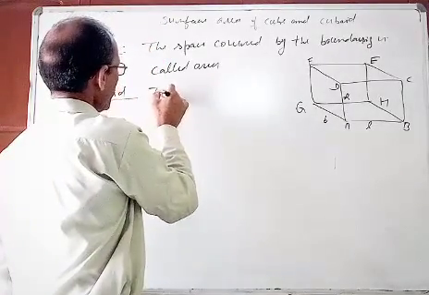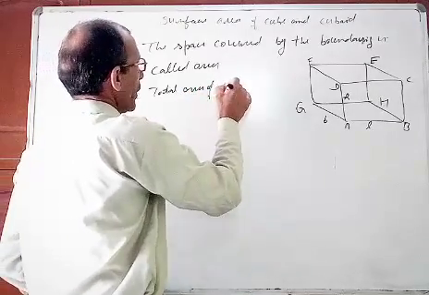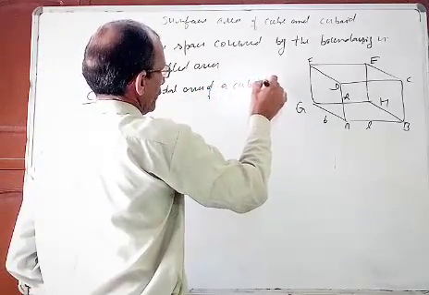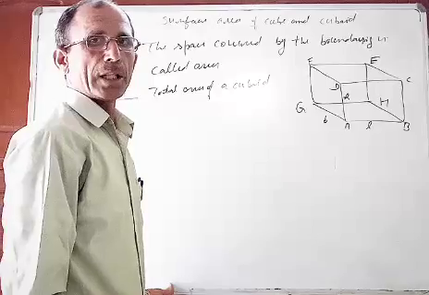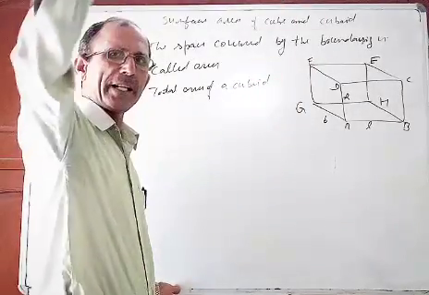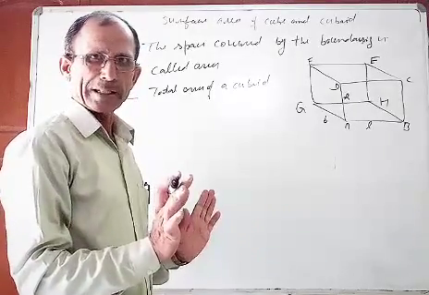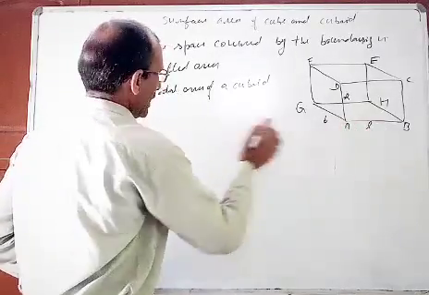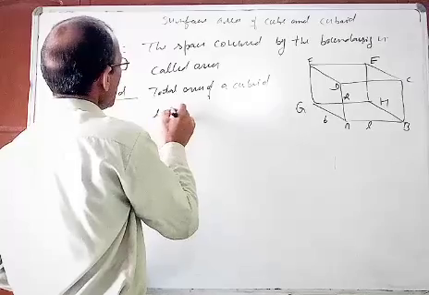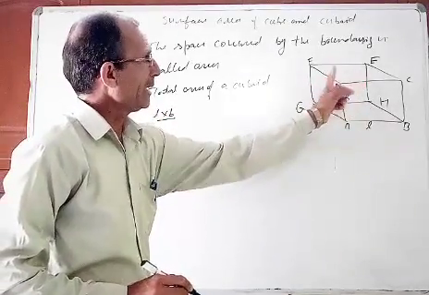Total area means the area of all the 6 faces. All the faces are rectangular. So the area of this portion is length multiplied by breadth, and the top is also equal to it.